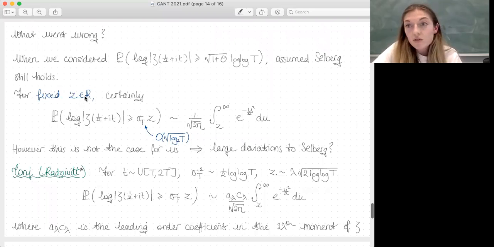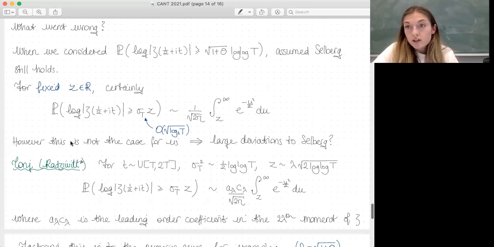For a fixed real number, it's certainly true that log of zeta being greater than some position, essentially the standard deviation, is Gaussian. But you'll see that this right-hand side is essentially order root log t, but we're asking something quadratically bigger than that. What is the probability this is greater than log t?